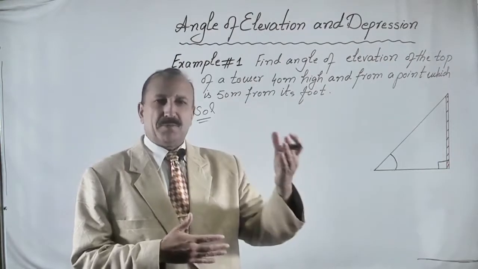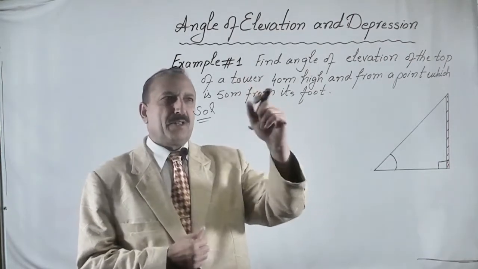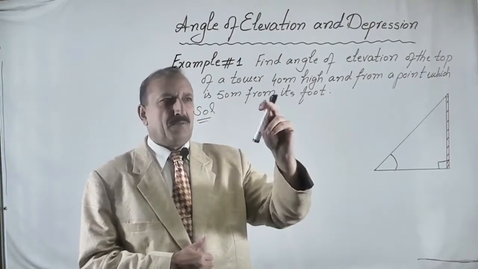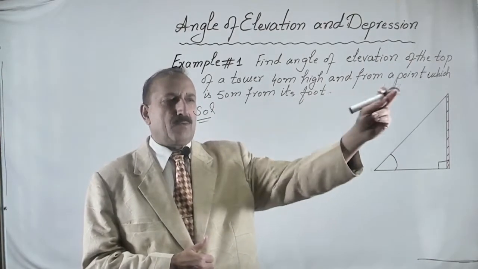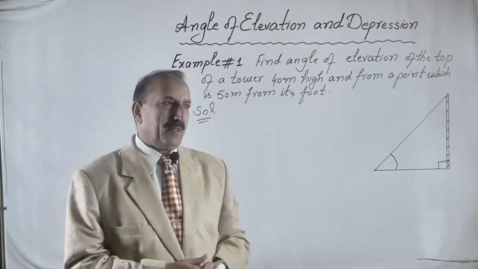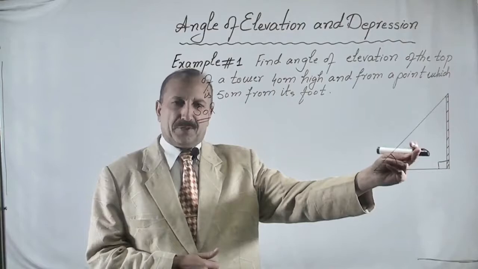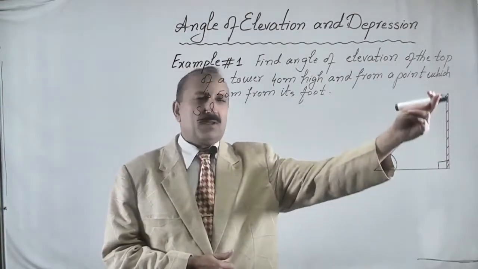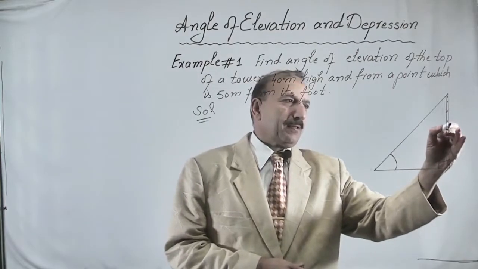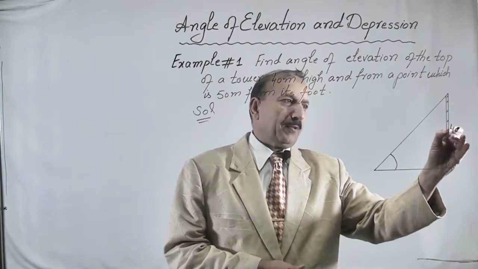Here are some examples. This is example number 1. Find the angle of elevation of the top of a tower 40 meter high from a point which is 50 meter from its foot. I have drawn this picture. Here is a tower and its height is given. This is 40 meter.